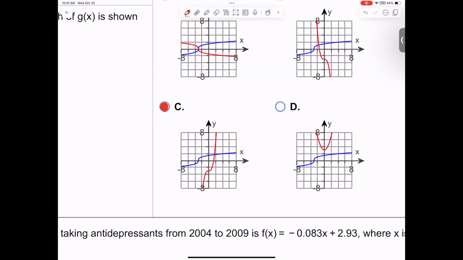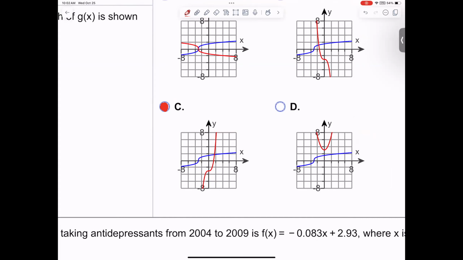Inverses interchange the X's and the Y's. So if I have a point -1.5 here, I have to have a point -1.5 here. I have to, okay? It appears that I have a point on the blue graph on the Y-axis at close to 1. So on the red axis, I have to have an X value that's close to 1, and I do. So they have to be inverses of each other.